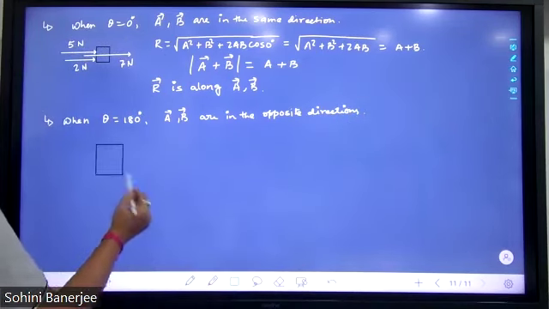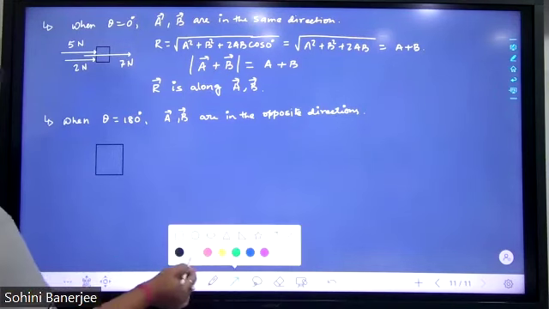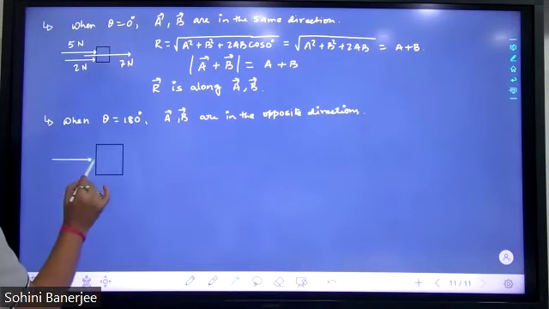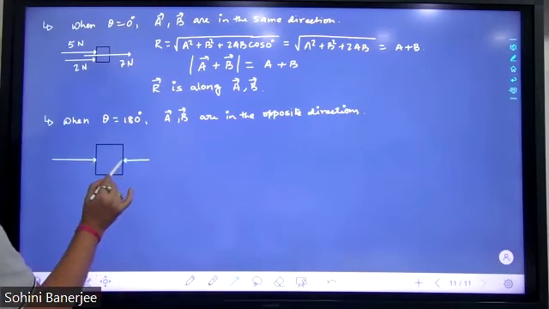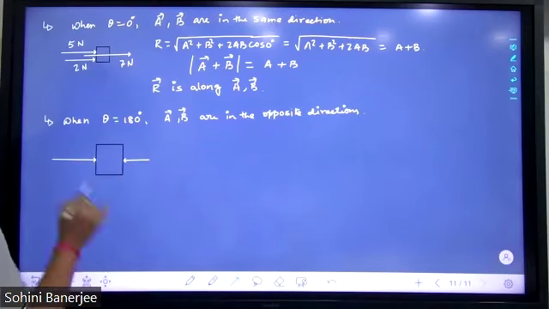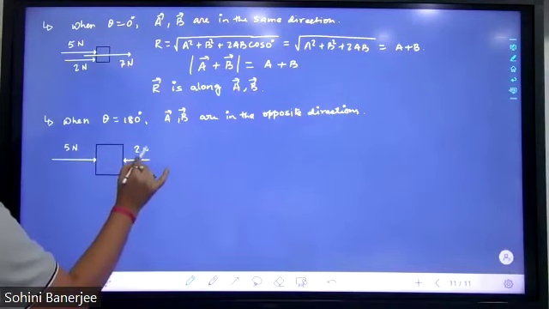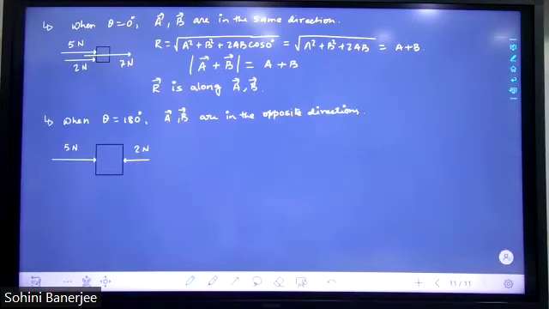They are going to block each other. On this side a 5 Newton force is applied, on this side a 2 Newton force. The forces are exactly opposite.